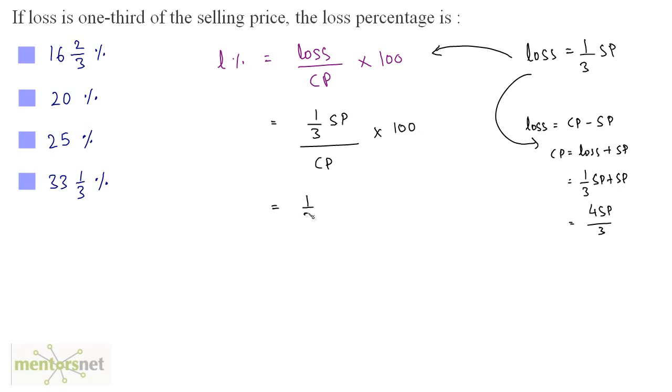So I have 1/3 SP divided by 4/3 SP times 100. So this selling price gets cancelled out. This and this get cancelled out. So this is equal to 100/4, and that is equal to 25%. So we have our right option as option C.